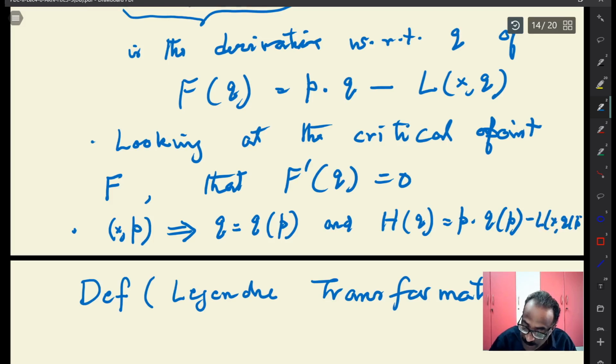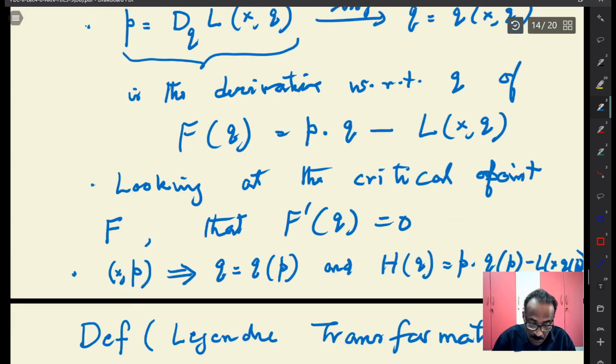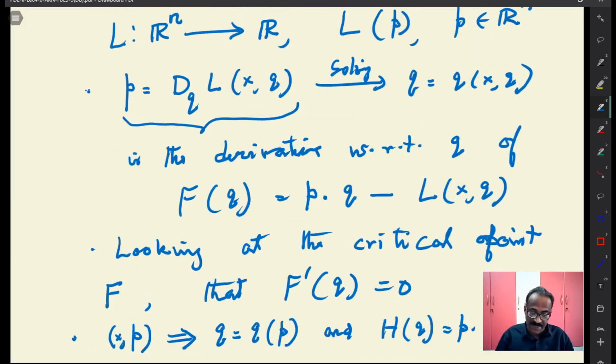So if you really look at it, what we are doing is that in the previous case, this equation P equal to dQ of L is the critical point of F, and H is nothing but the maximum value. This is a maximizer.